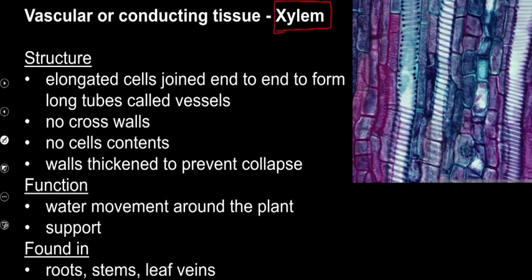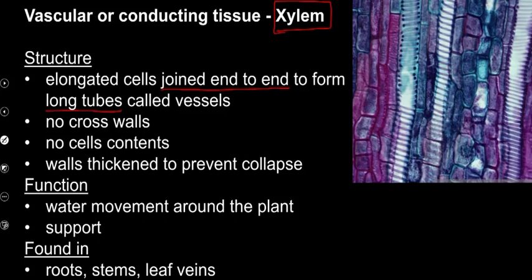Now, you can think of xylem as straws joined end to end, and they form very, very long tubes. It's a bit like you joining 4 or 5 straws together and drinking cool drink out of a glass that is on the floor.